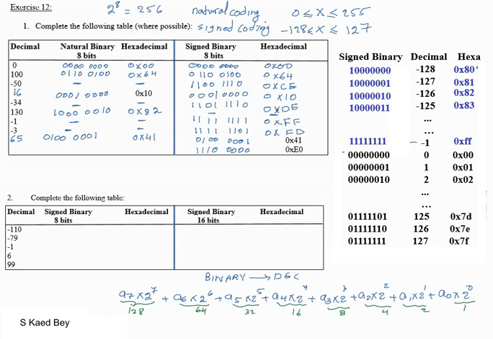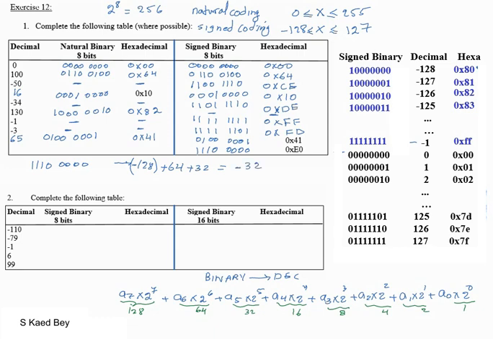1110 0000. But what's the decimal equivalence of this? Actually, there's 128 in it, and because we have 1 here and we have signed, that becomes minus 128 plus 64 plus 32, and the answer is negative 32.